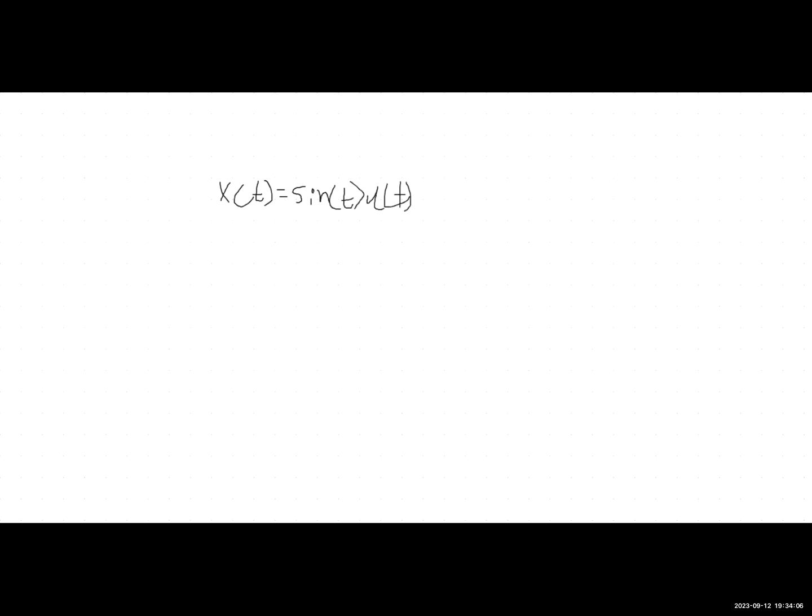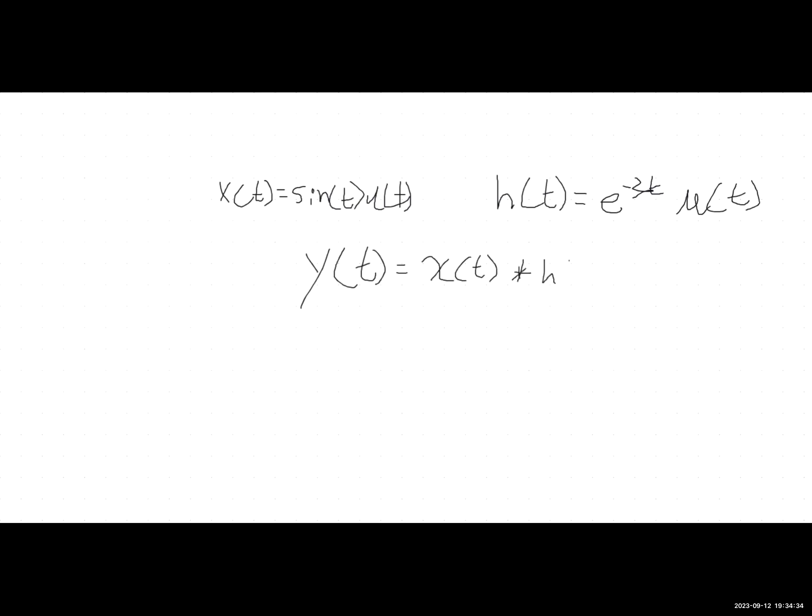H of t is equal to e to the minus 3t u of t. And now y'all see why I always use my iPad. So we want to calculate the convolution y of t is equal to x of t convolved with h of t.